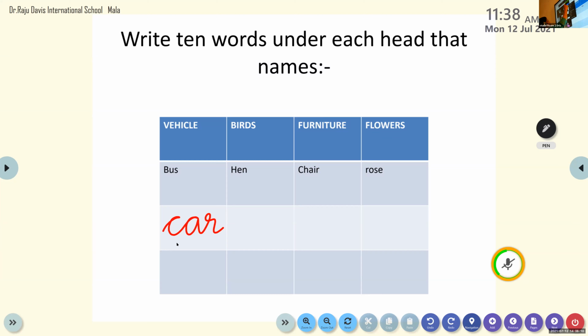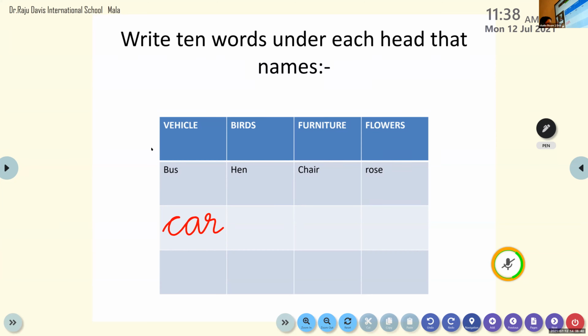Karthik, come on. Give me a name of a vehicle other than bus and car. What is already written, I don't want it. Many vehicles are there. Come on, unmute it, Karthik. Bike. When we say bike, children, we can't just write bike.